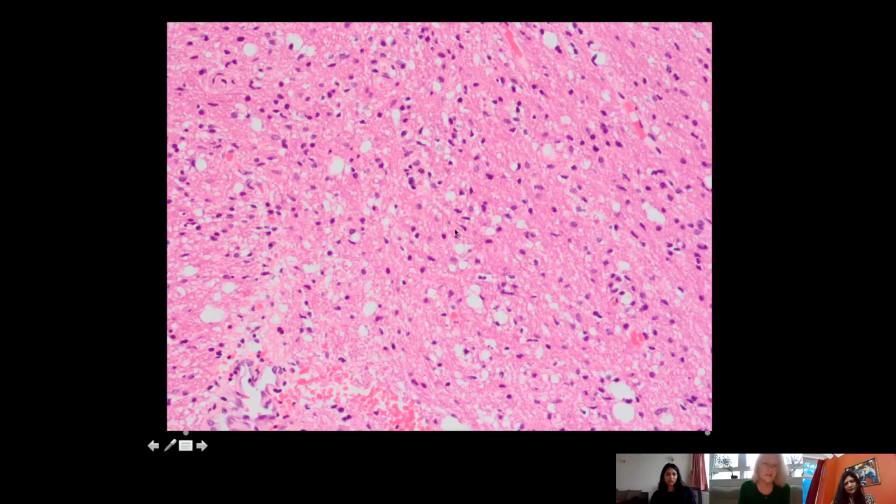So these small cells with hyperchromatic nuclei and very little cytoplasm are more commonly seen in gliomas. Of course, here there are no other features that would help us determine the grade of this tumor. Their morphology looks astrocytic.